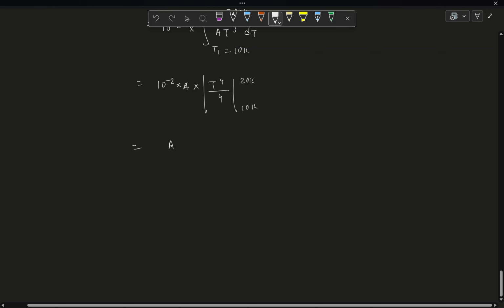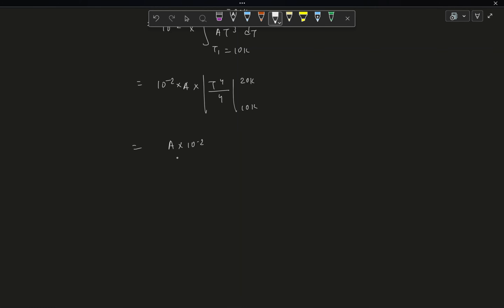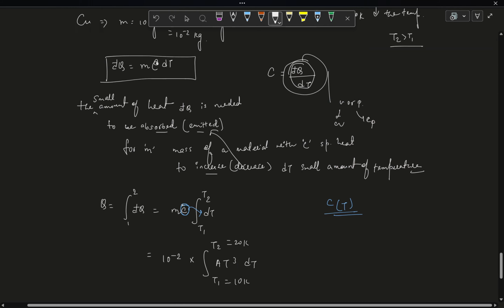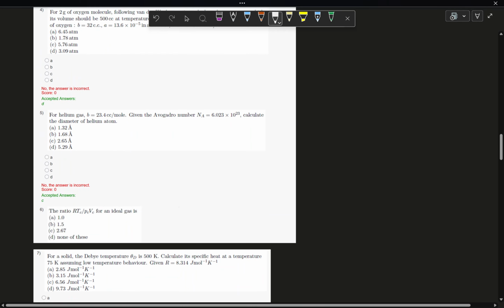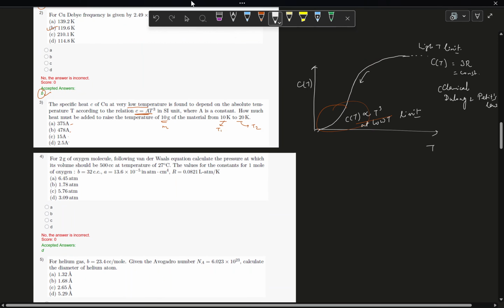So this is A into 10 to the power minus 2 by 4 into 20 to the power 4 minus 10 to the power 4. Now just calculate it and you will get a value of 375 into A, because this A is a constant, so it will remain in the final answer as well. So this is our answer. Now let us match whether it matches with the option.